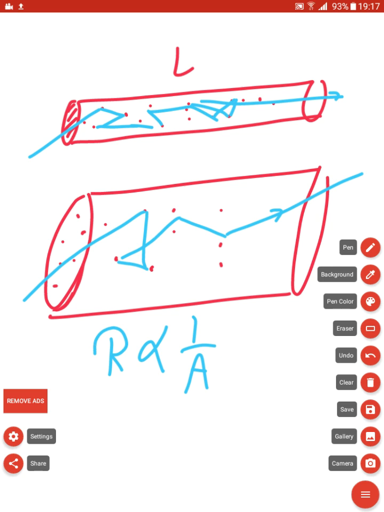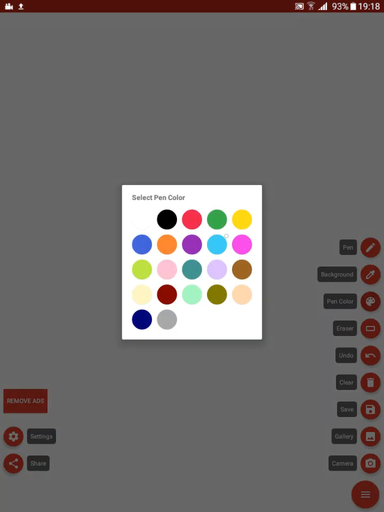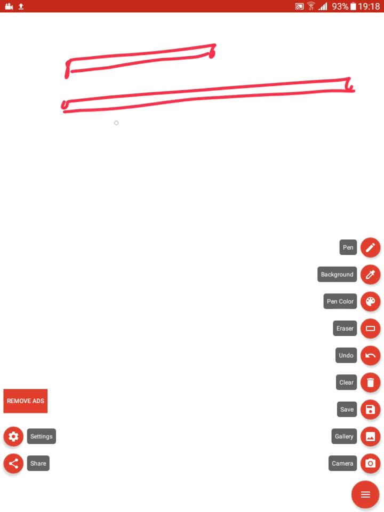Now, what about the length? If we have two wires, wire 1 and wire 2, and the length increases, the current will move for a longer distance, so more collisions happen inside.